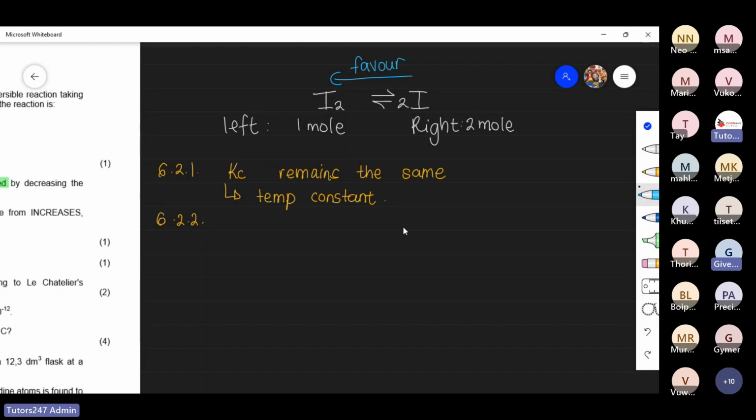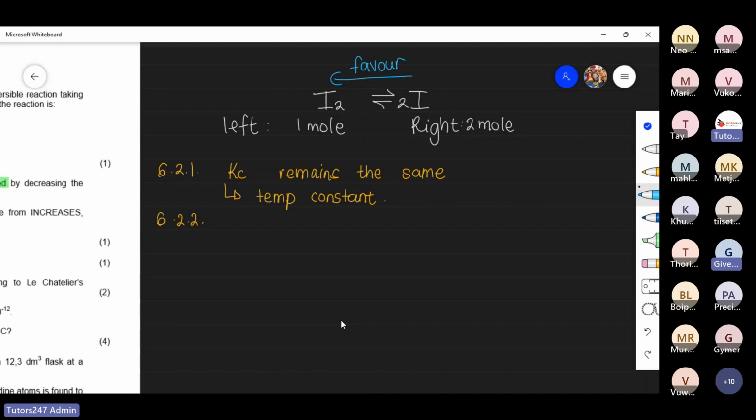Now, if we favor the reverse reaction, are we not now producing more iodine molecules? Because we are using up the iodine atoms on the right to produce more iodine molecules on the left. Always remember, the direction that your arrow is pointing, that is the side that is going to produce more. More of that side is going to be formed.